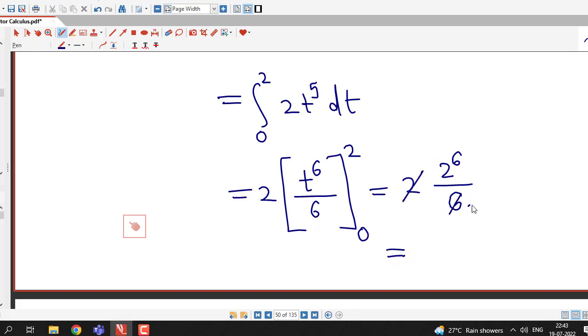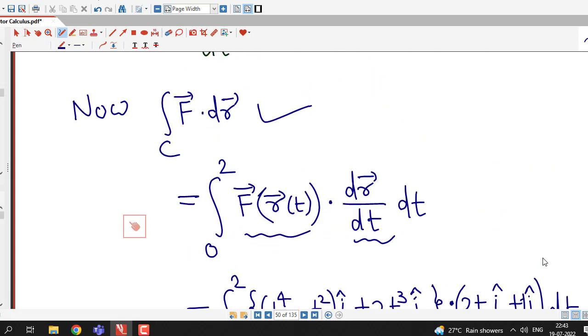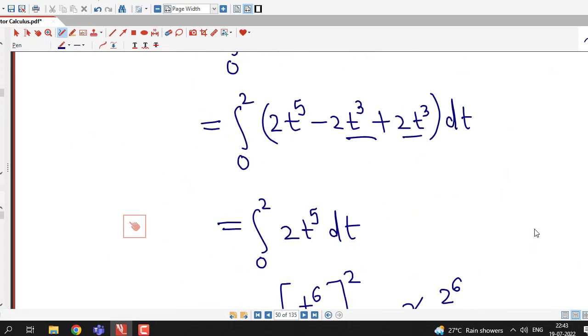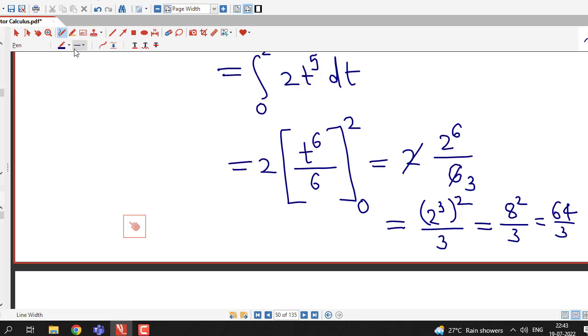So here we can cancel out 1, 2, and this is going to be 2 raised to 6, that is 2 raised to 3 whole square, and 2 raised to 3 is 8 square divided by 3, which is 64 divided by 3. The value of the given line integral is 64 divided by 3.